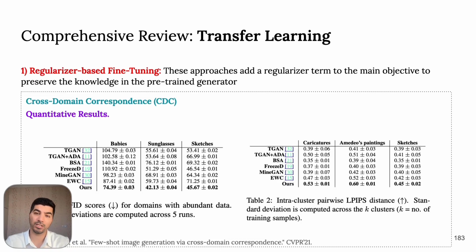And then within each cluster, they compute diversity, and then they average diversity over all clusters. This gives a single scalar value, which shows the diversity of the generated images. The higher diversity means that images have more variations. And as you can see, CDC here gives the best results for all three target domains.